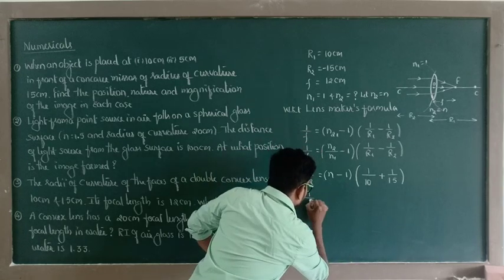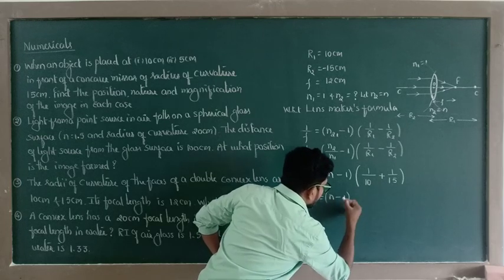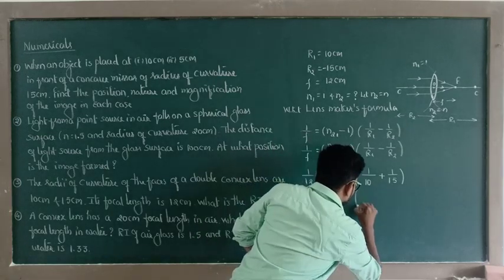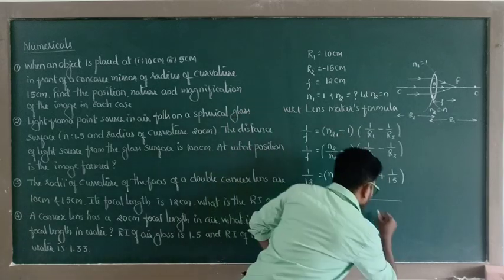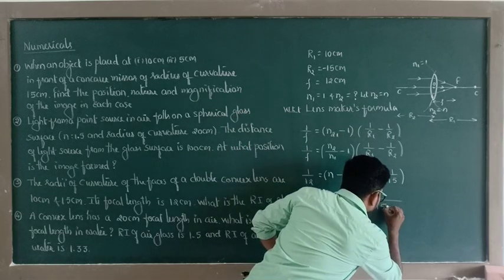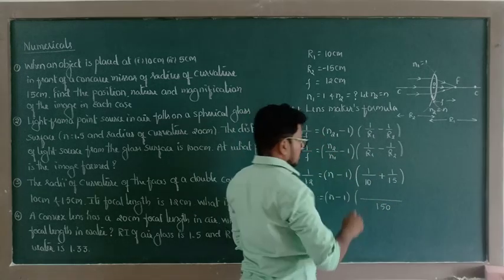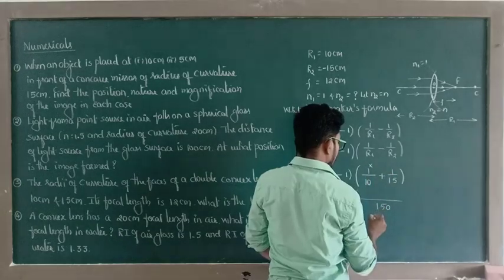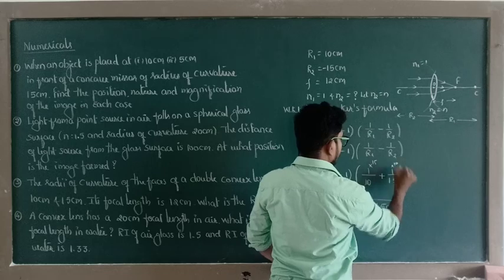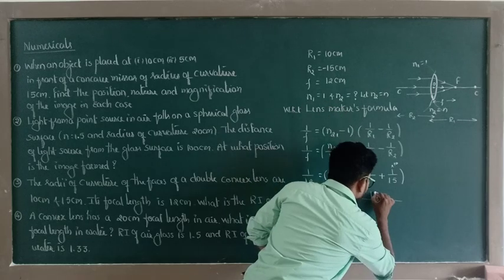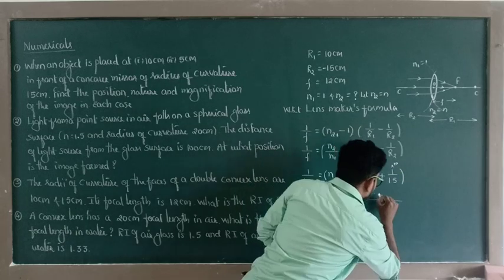Then 1 by 12 is equal to n minus 1 into the LCM, 150, 15 into 10, 15 plus 10 is 25.